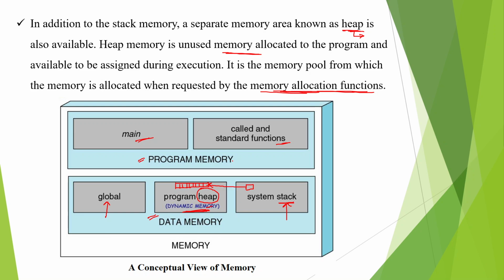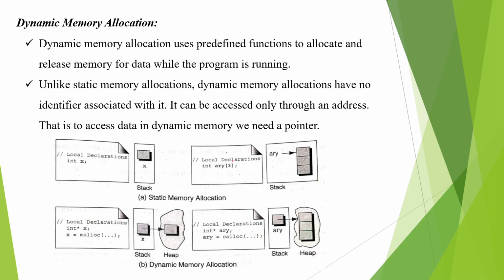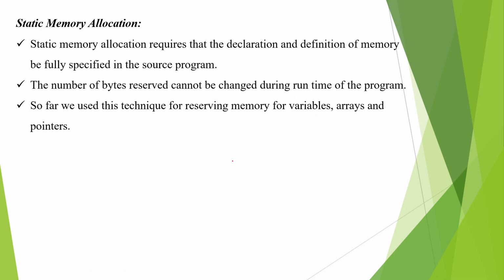Okay, and to manipulate this heap memory, we have four different types of functions. They are, yeah, here you can see, static memory allocation means what? Static memory allocation requires that the declaration and definition of the variable be fully specified in the source code.